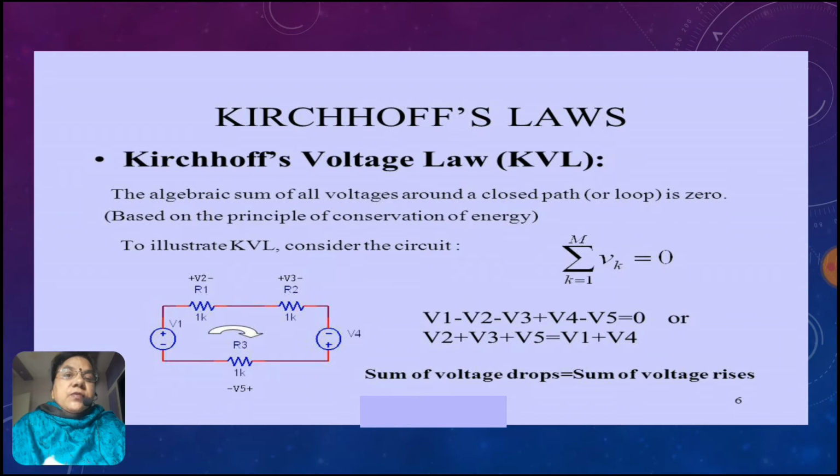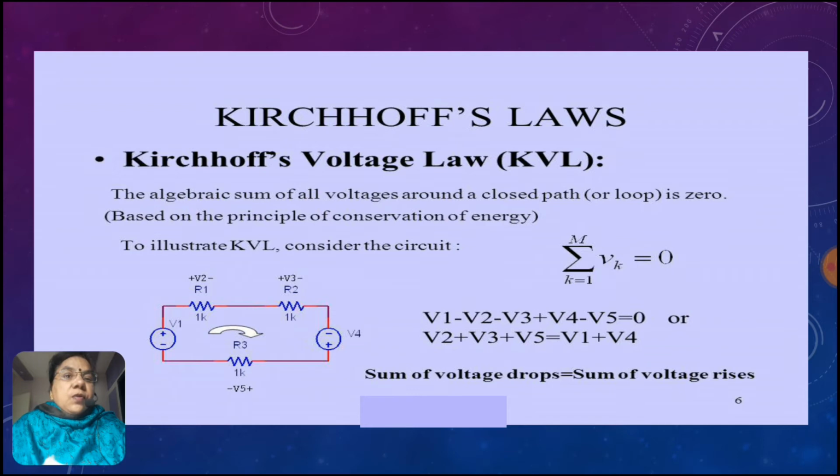Now due to these two voltages V1 and V4, the current is flowing through the circuit and going through R1, R2, R3. Therefore, the voltage drops are V1 equal to I1 into R1, V2 equal to I1 into R2, and V3 equal to I1 into R3, across the resistors R1, R2, R3.